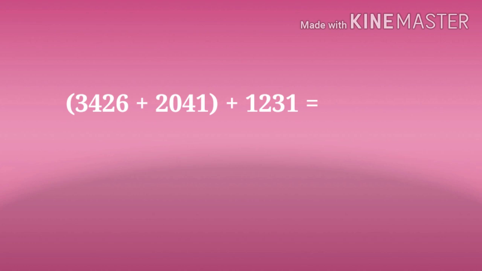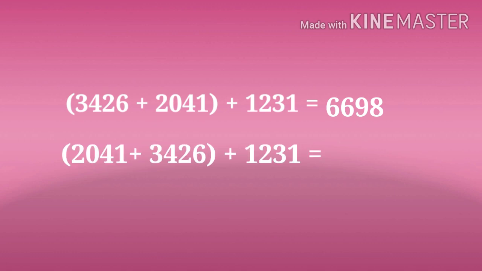So, first we can group the first two numbers, then add with 1231. Then we get 6698. Now, let's check what will happen when we rearrange the numbers.